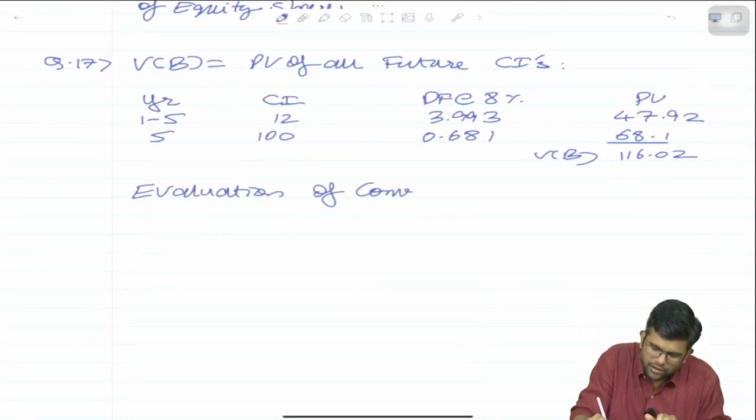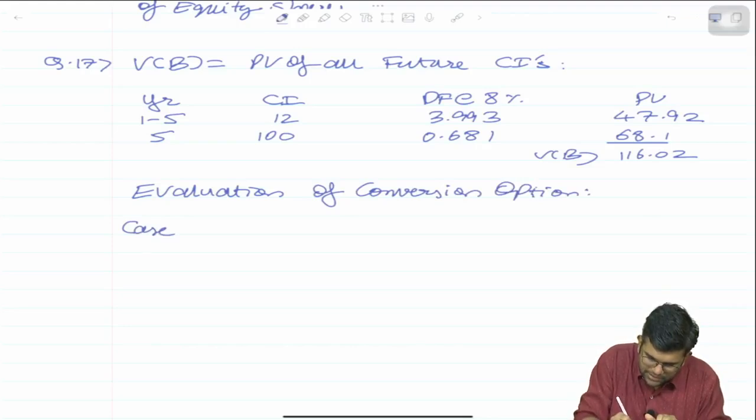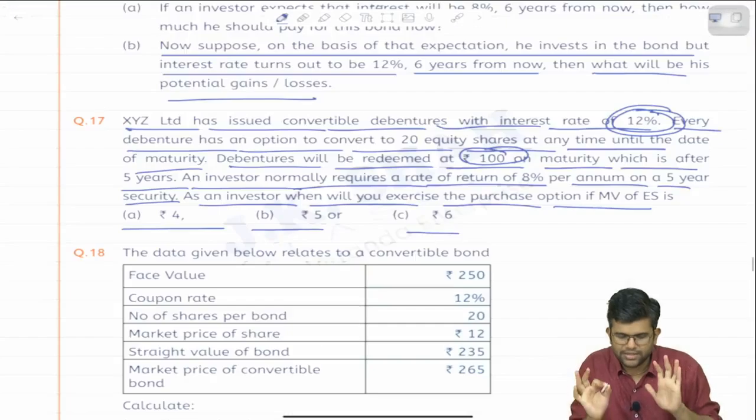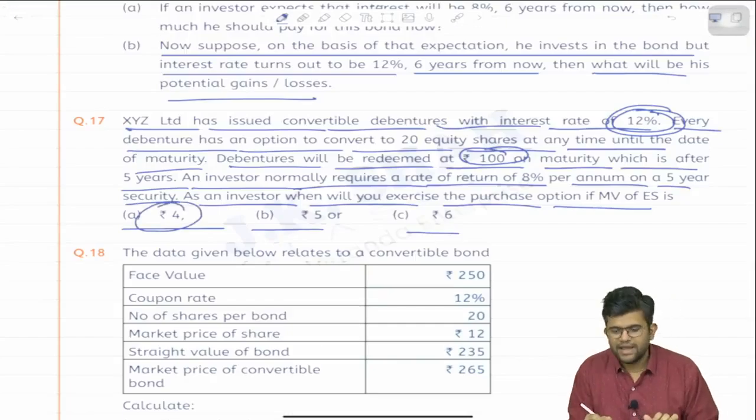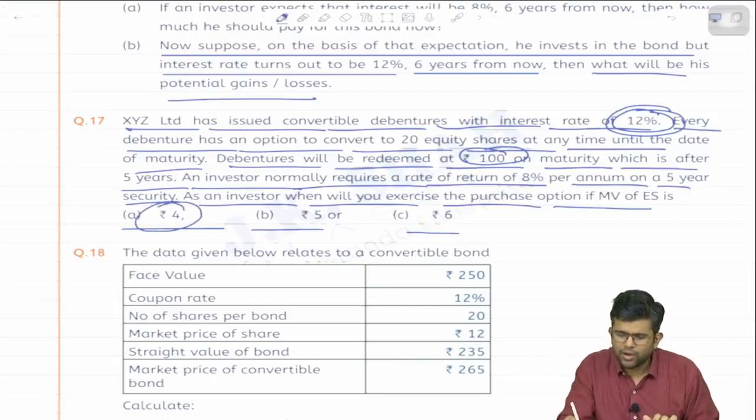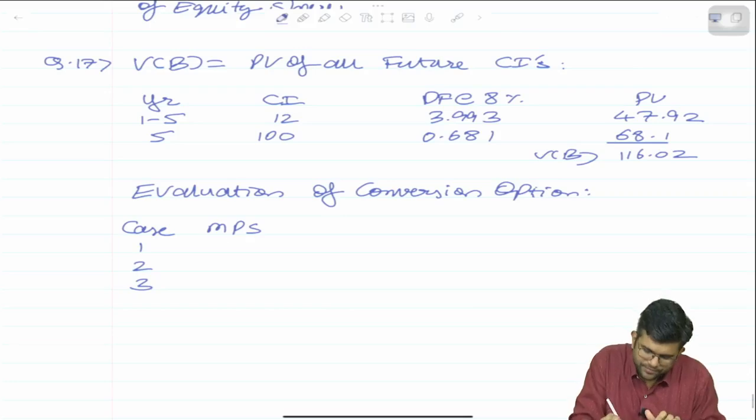Now I will write here: evaluation of conversion option. Case 1, 2, 3, market price per share. Now listen carefully. They are saying, what if the market price of equity shares is 4 rupees?